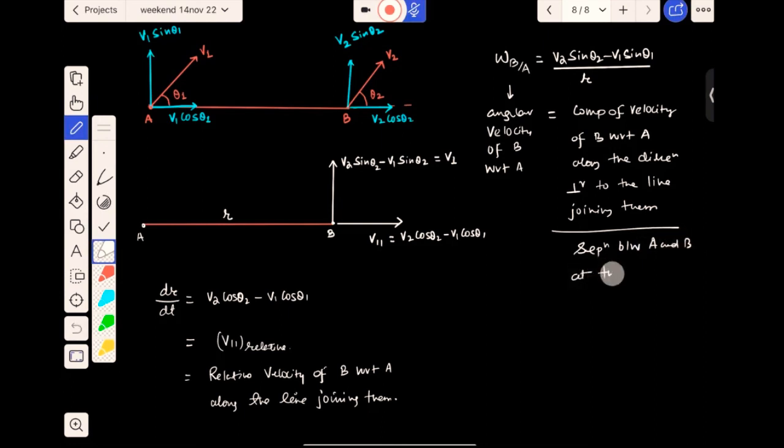No? If it changes, omega will also change. I hope you got how to figure out the angular velocity of some point with respect to some point which is stationary, or even with respect to some point which is moving.